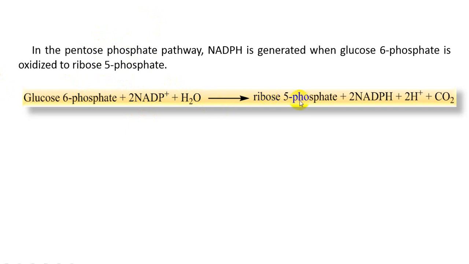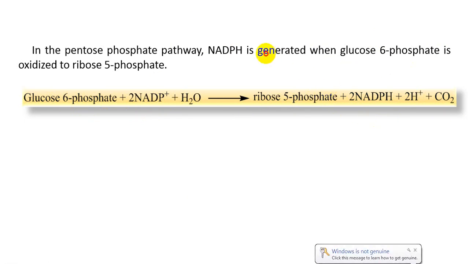The result is ribose 5-phosphate and 2 molecules of NADPH in addition to carbon dioxide and 2 protons. Therefore, 1 molecule of glucose 6-phosphate will be converted to 2 molecules of the reduced form of nicotinamide adenine dinucleotide phosphate.